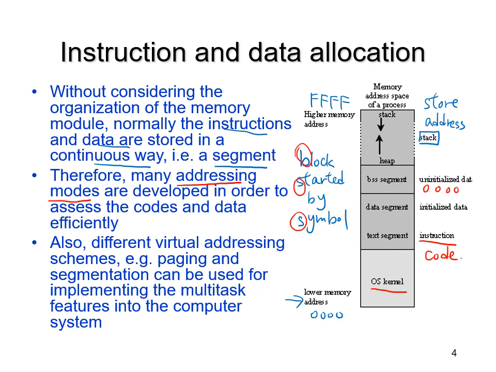Also, by using virtual addressing schemes such as paging and segmentation, we can implement multitasking features in the computer system, because if we can classify this is the code, this is the data, we can swap out the code and the data to the hard disk.